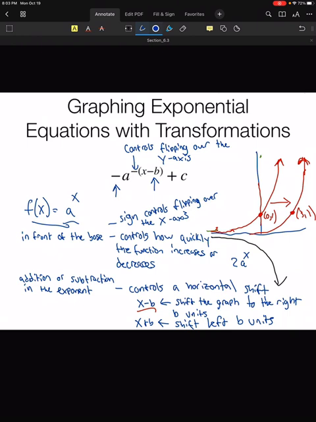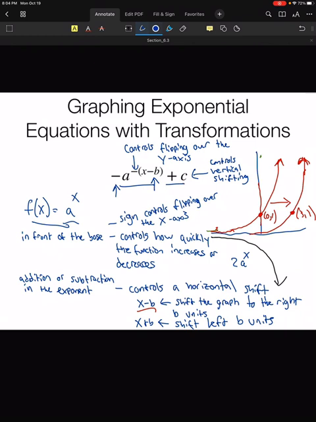Now, the last part that we have is this plus c. It's outside of the exponent. You're just adding or subtracting a number to the exponential term, meaning this whole a raised to some power nonsense, okay? That plus c controls vertical shifting, okay?